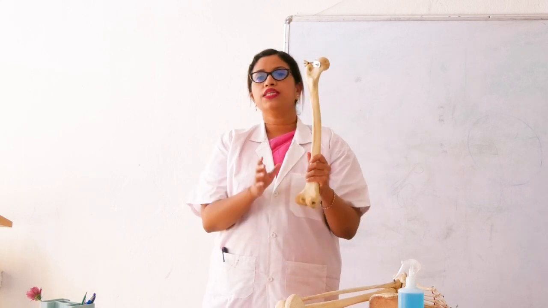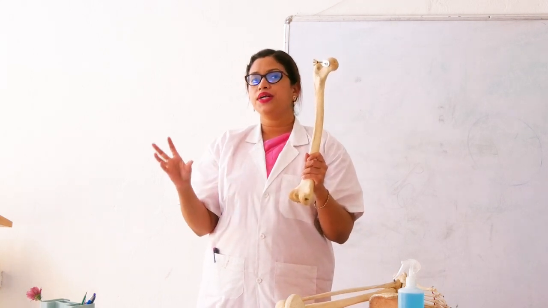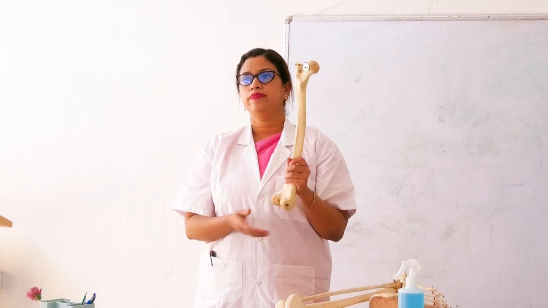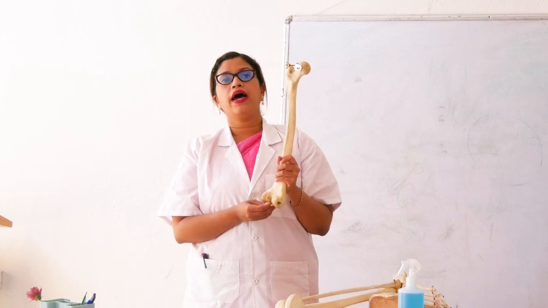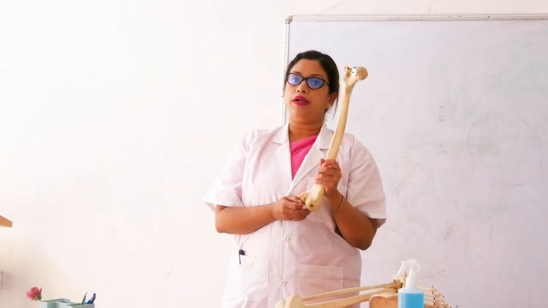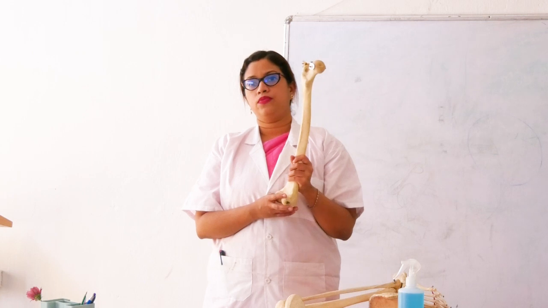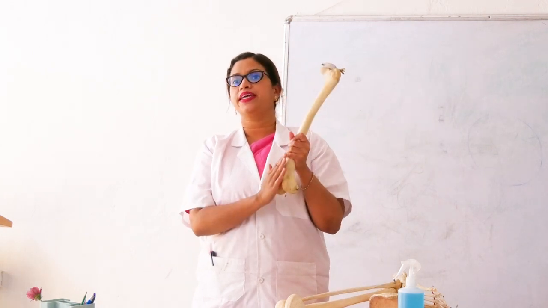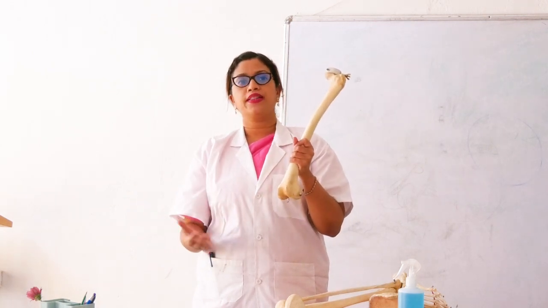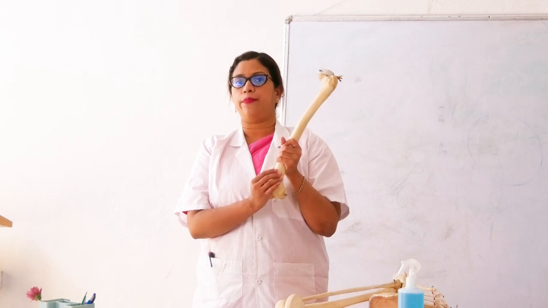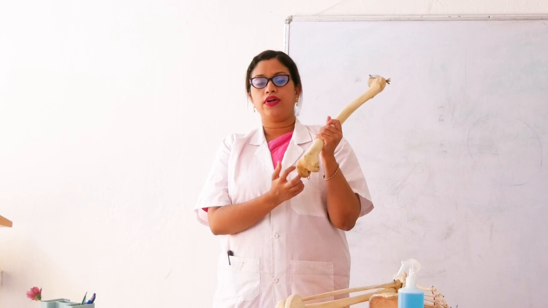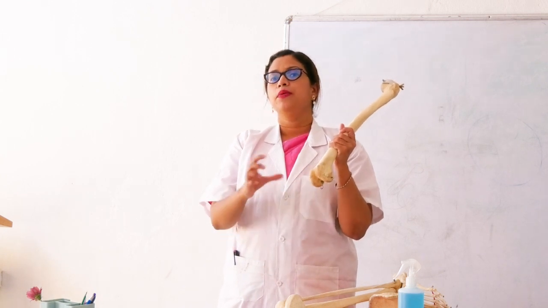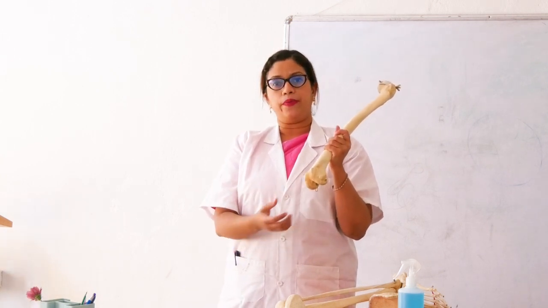So always remember which bones articulate to make the knee joint: condyles of tibia and condyles of femur, but never the patella. Patella is just protecting, like a cricketer's kneecap, an additional kneecap. Only the medial and lateral condyle of femur along with the medial and lateral condyle of tibia.